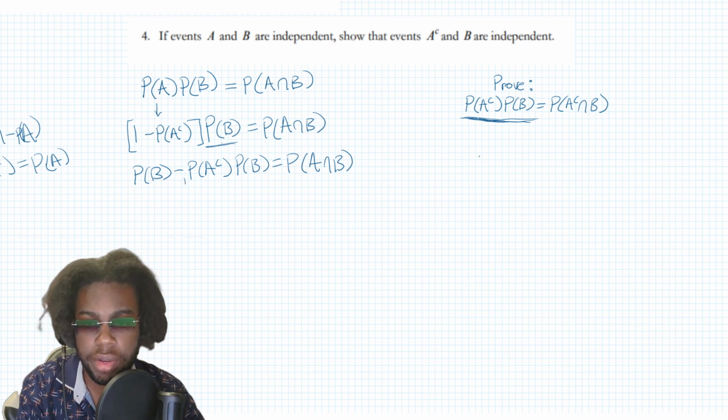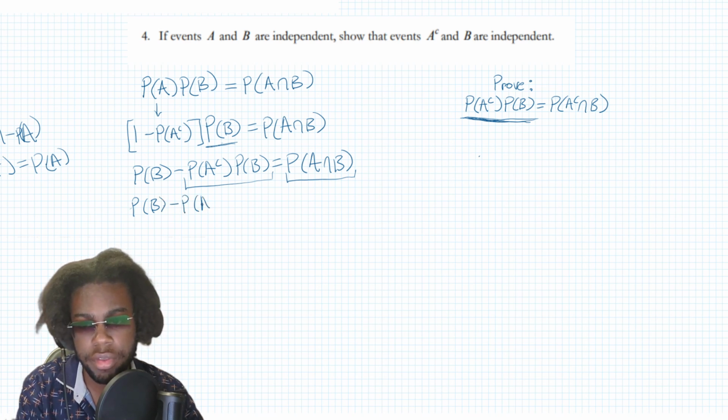So if we add this term to both sides and subtract this term from both sides, what we end up with is the probability of B minus the probability of A intersect B is equal to the probability of A complement times the probability of B.